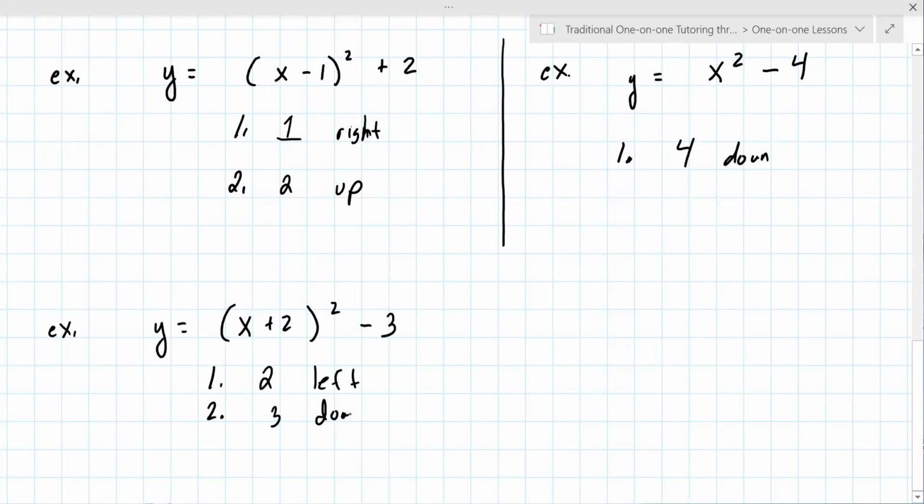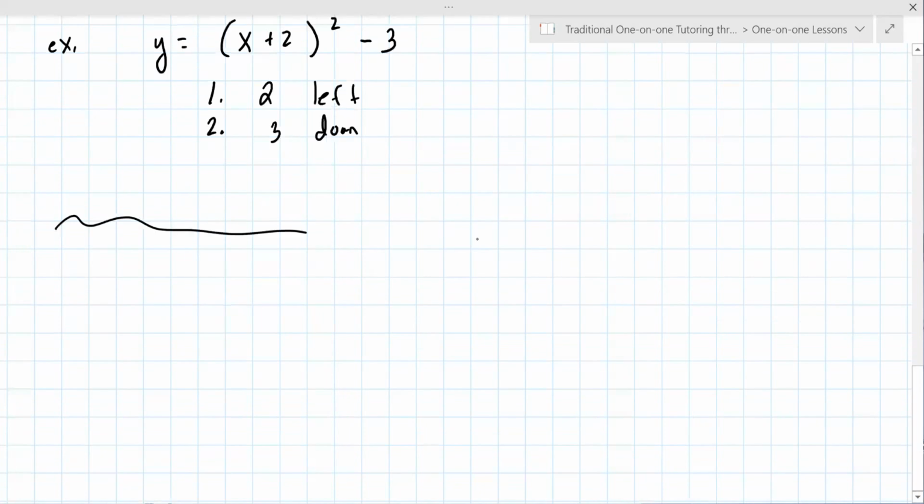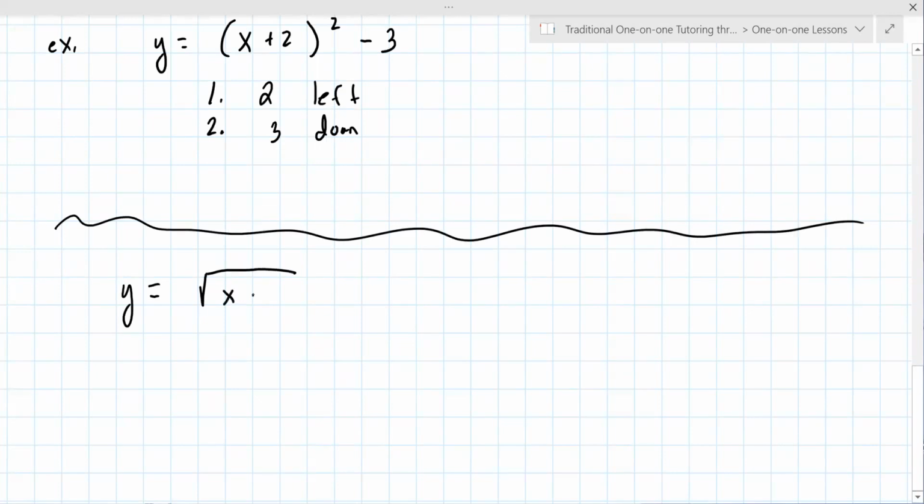If you're looking at your notes, that's totally okay. The goal is to get you to where you can do this without your notes and just visually see it and know that, hey, this is all good. Okay, so we're going to switch examples here, but the same thing applies. Let's say I tell you that y equals the square root of (x minus 4) plus 3.